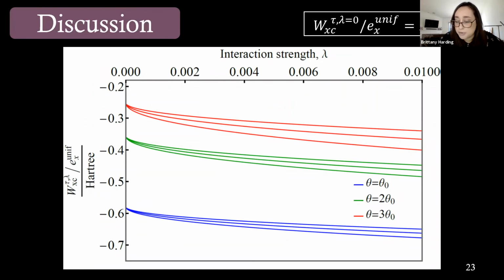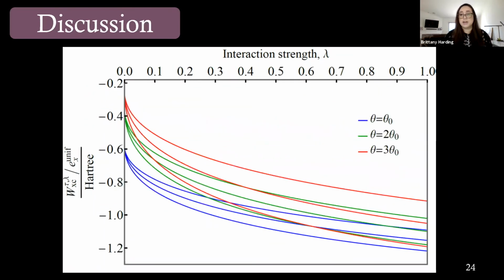But if we zoom out to larger interaction strengths, this reveals to us the complex behavior of the correlation. So we can see that correlation is actually non-monotonic with the electron degeneracy parameter, and curves generated with one electron degeneracy parameter actually overlap with other degeneracy parameter curves.